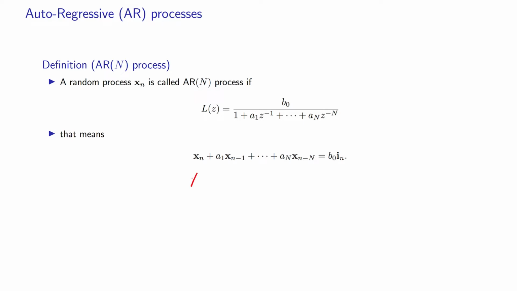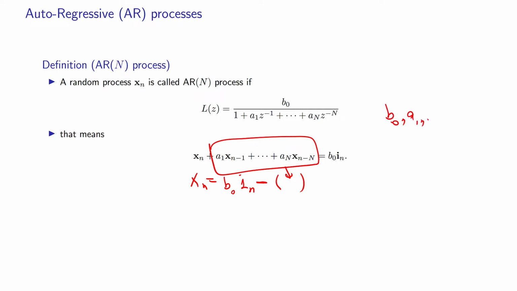So you can see that here X of n is equal to B0 I of n minus the autoregression part, which is this one. So here you see that this filter has B0, A1, to AN, which is n plus 1 parameters.